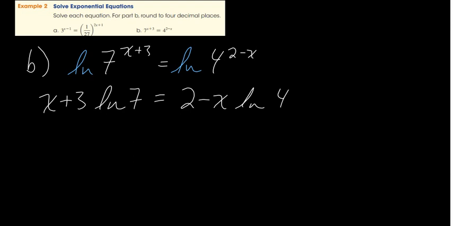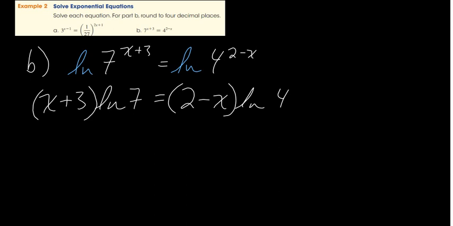This looks like it's just x plus 3 natural log of 7, right? But that is incorrect. It is not x plus 3 natural log of 7. It is x plus 3 times natural log of 7. And the same thing can be said over to the right. So that's why it's important to make sure you put that parentheses there.